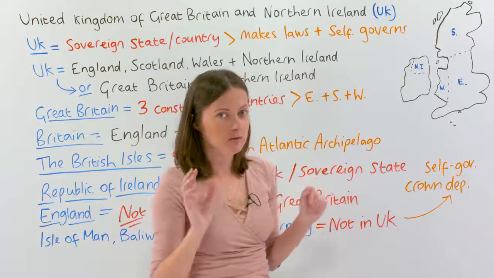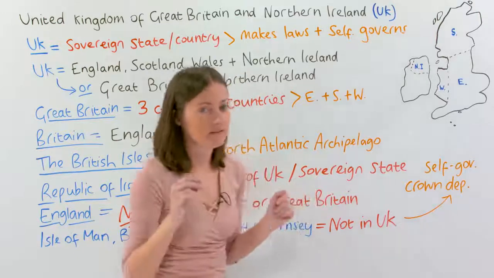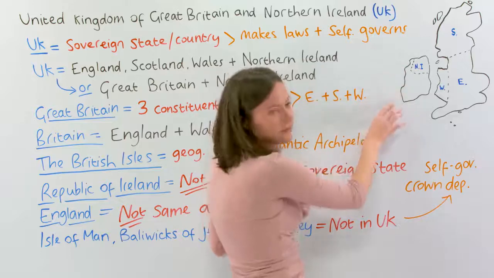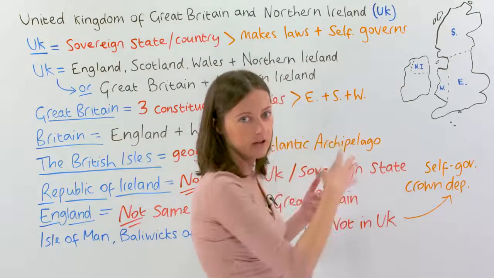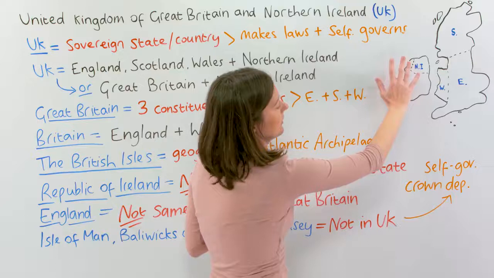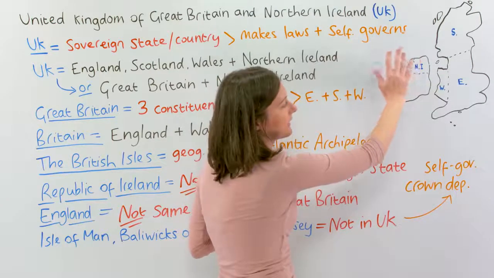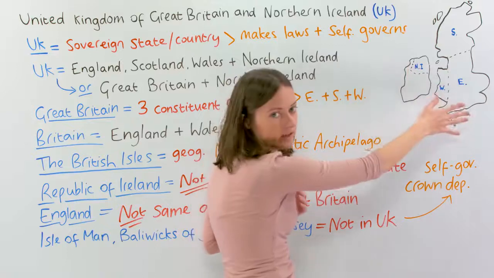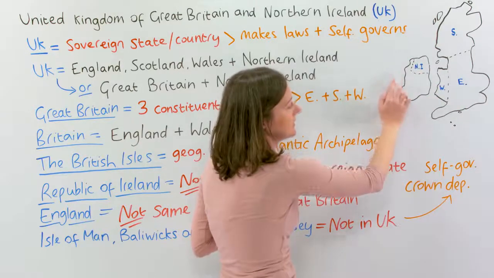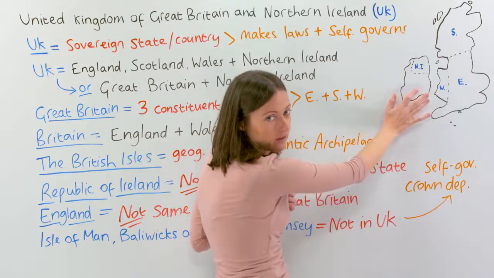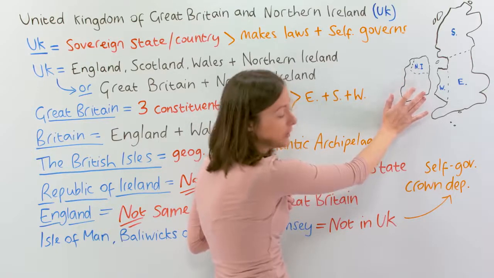But the trouble with that term, the British Isles, is that some people in Ireland don't like that term to include them, because it makes it sound like Ireland is British, even though Ireland is independent. Ireland is a sovereign country by itself.